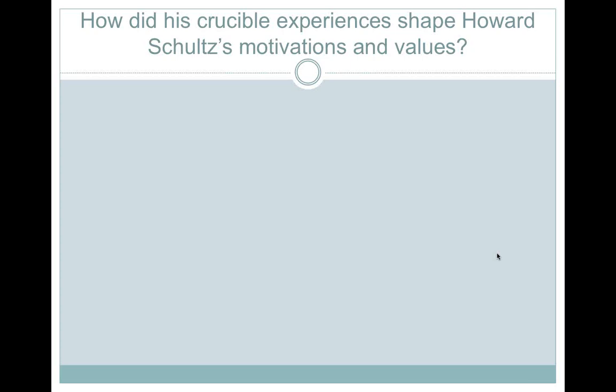So he's saying that he has the drive to change his fate and become successful. That's a nice summary of how these crucible experiences changed him.